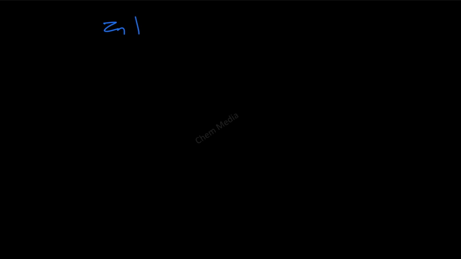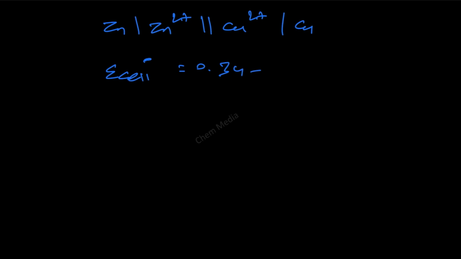For example, for reaction 2, we can write the cell notation this way: zinc, zinc 2 plus, salt bridge, copper 2 plus, copper solid. So E cell standard is equal to 0.34 minus minus 0.76. Therefore, this is equal to plus 1.10 volt, which is possible.